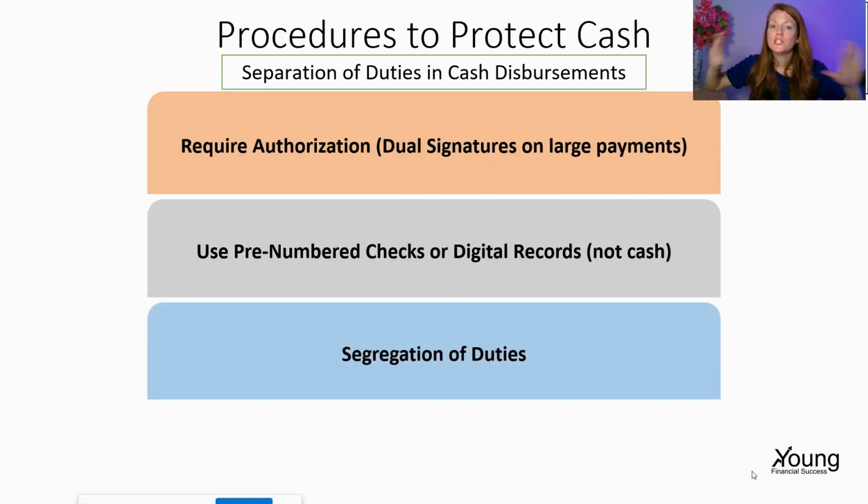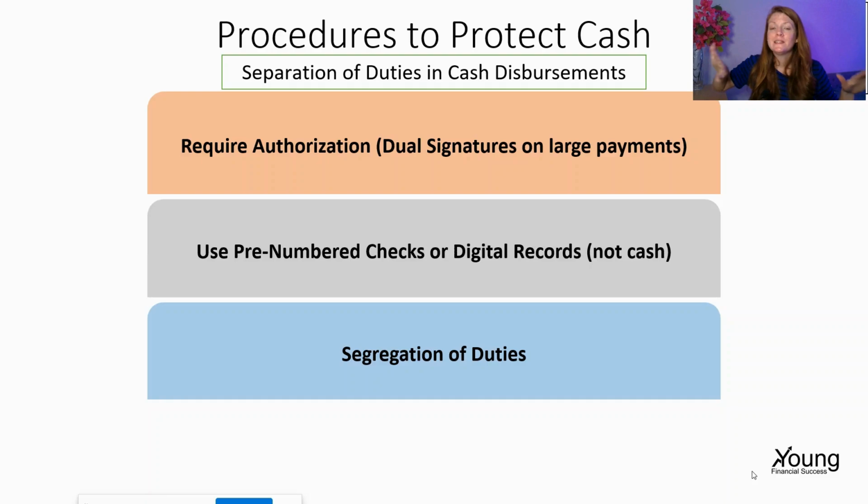Again, segregation of duties. The more we can split these duties up, the better. I worked at a small company that gave me way too much access of all these duties that need to be separated. And I went to the owner and I said, look, I'm not going to commit fraud, but I certainly will make errors, and I need someone else's eyes on this. Plus, if anything were to happen where some other employee got their hands on these things, it's going to look bad on me.